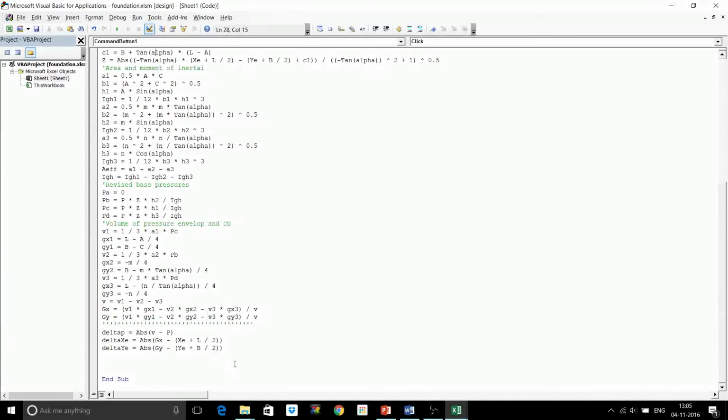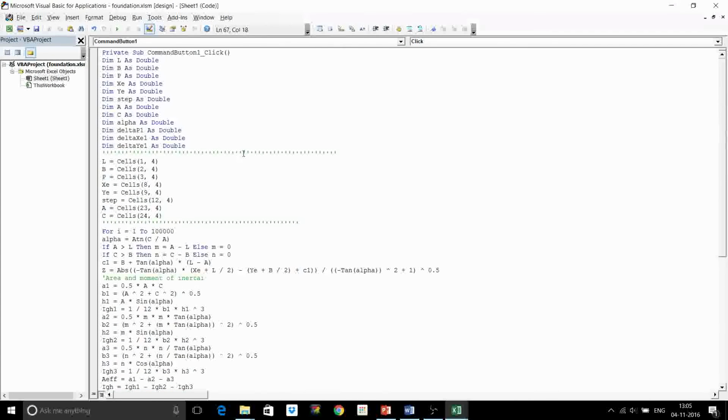Okay, so first condition: if delta P is greater than delta P1, which we have already defined here, not defined, so we will define.